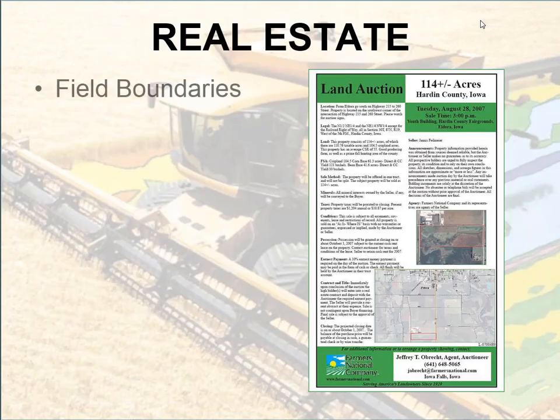As I mentioned, real estate. You pick up a flyer these days of an upcoming land auction, and you're going to see where precision ag is being used, because they're utilizing it to highlight the field boundaries. If you look at that flyer on the right-hand side, you see a couple of aerial images. It may be a little hard to see, but you can see where they've outlined it. That was done utilizing precision ag.